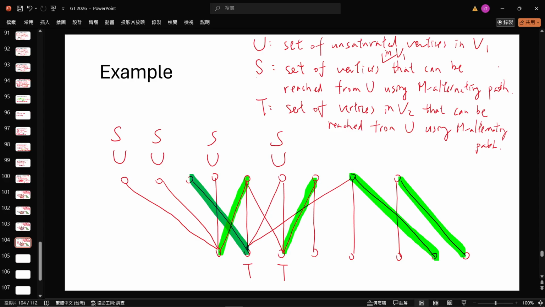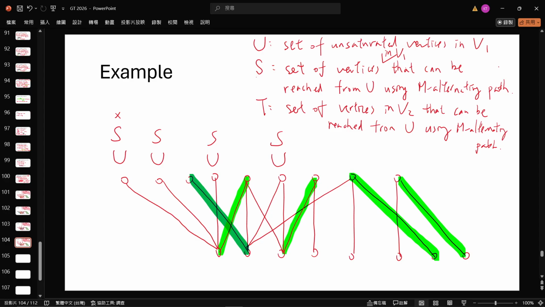Next, we're going to start our first round. So in every round, we will pick some vertex in S. So let's pick this one. And the first step is always to go down, using some edge that is not in the matching.